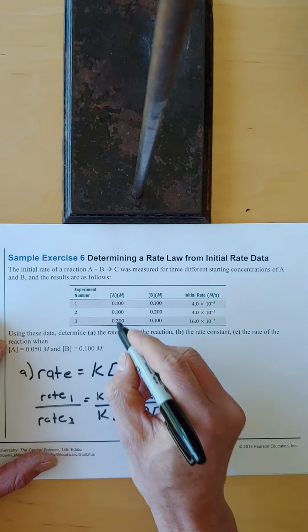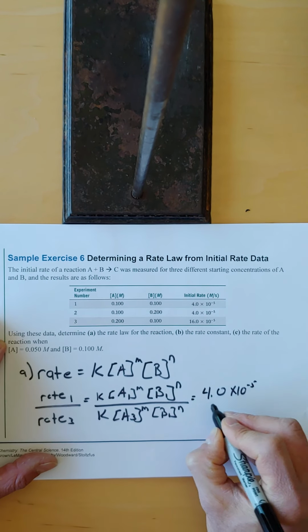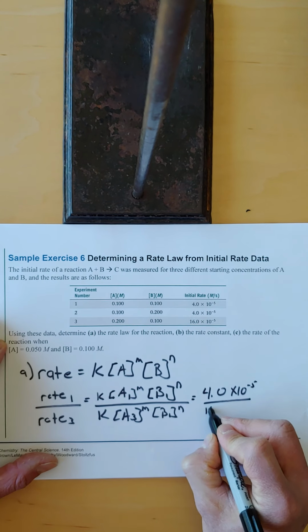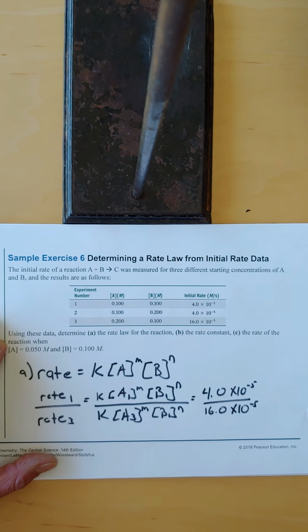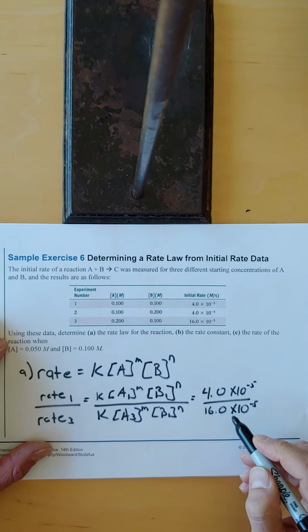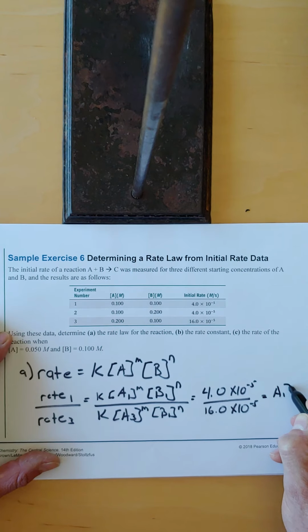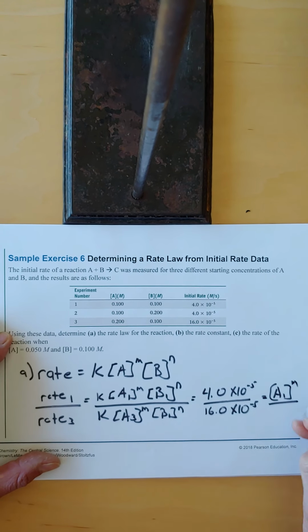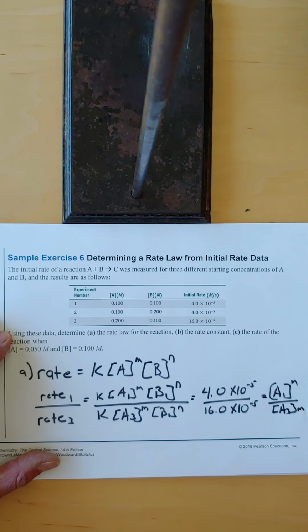And so we end up with rate 1 over rate 3 being 4.0 times 10 to the negative 5 divided by 16.0 times 10 to the negative 5, which gets us A1 to the m divided by A3 to the m.